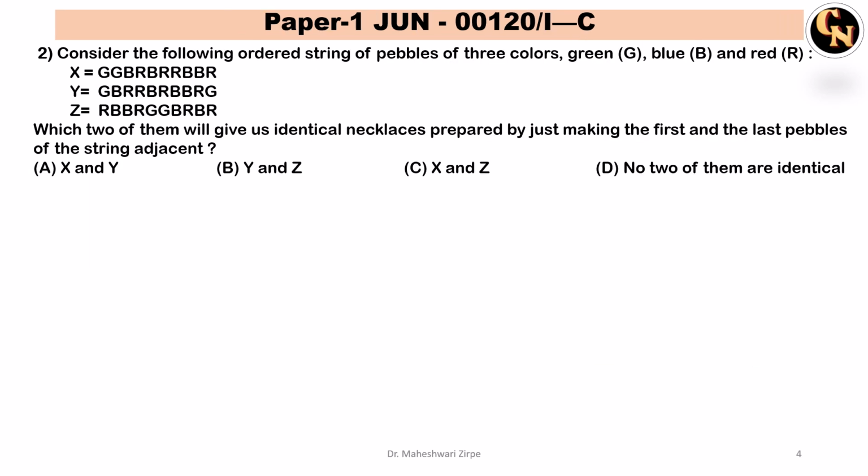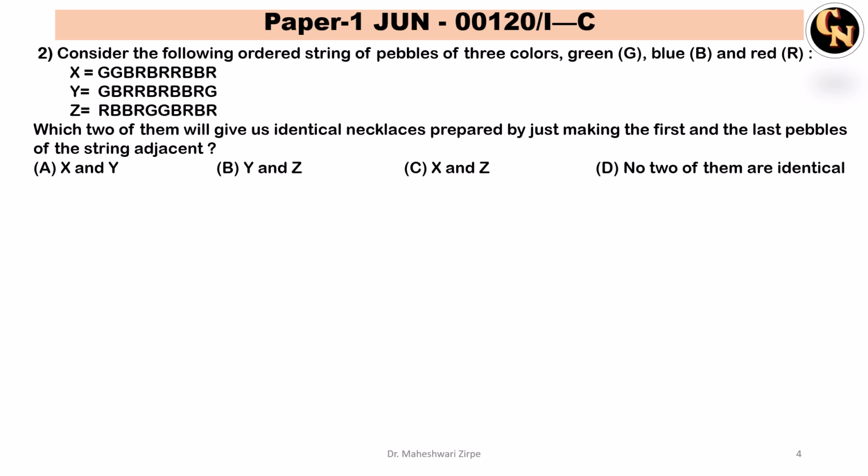Consider the following ordered strings of pebbles of 3 colors: green, blue and red. So they have given us 3 necklaces, we can say, or strings which are having these pebbles. Now which 2 of them give you the identical necklace prepared by joining the first pebble and the last pebble together?